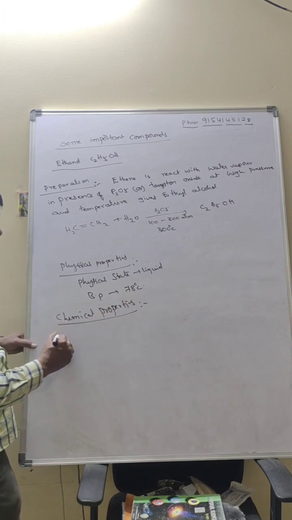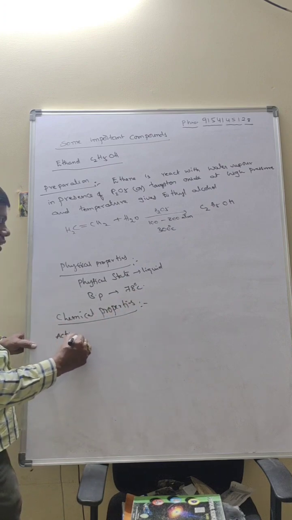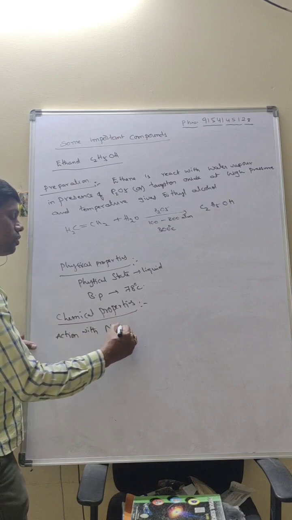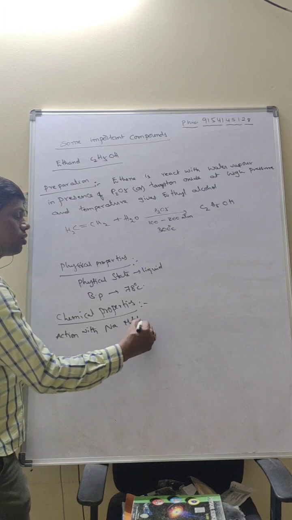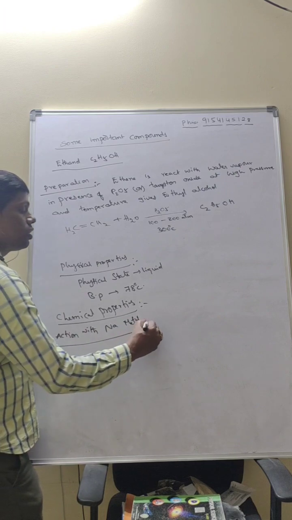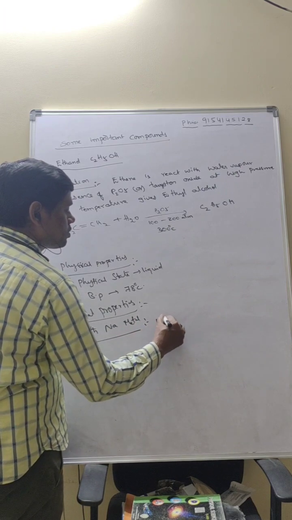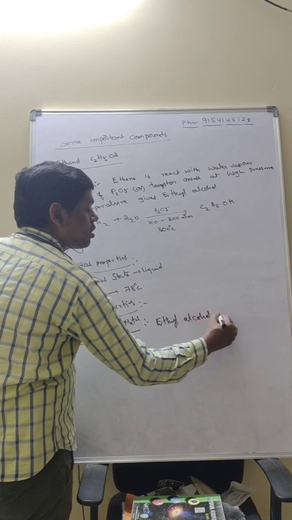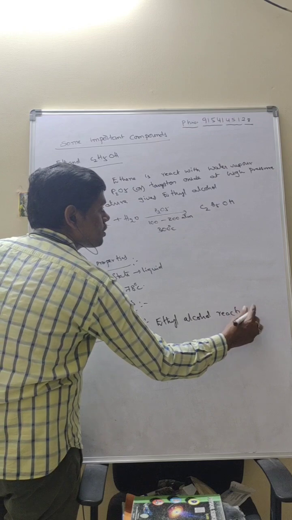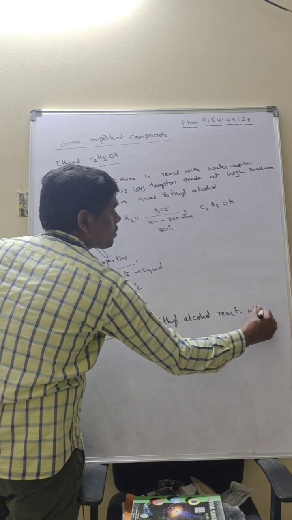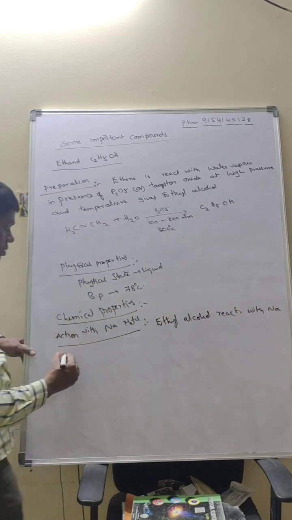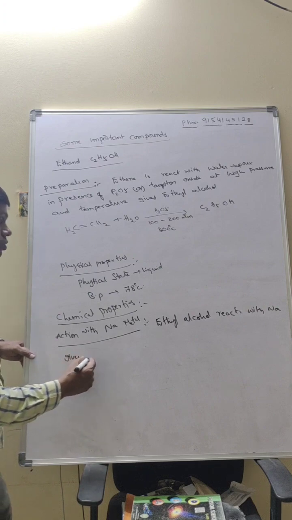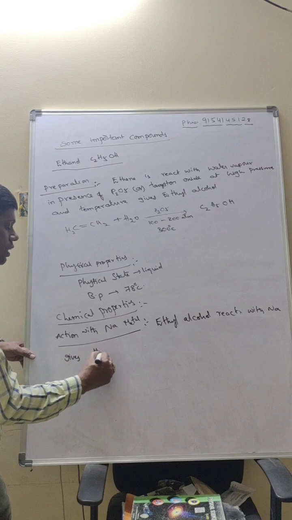Reaction with sodium metal. Ethyl alcohol reacts with Na and gives hydrogen gas.